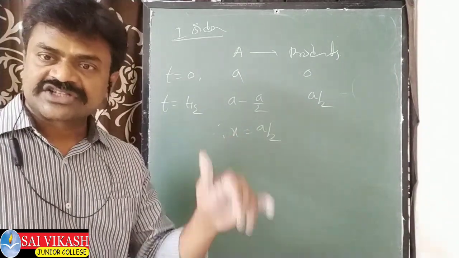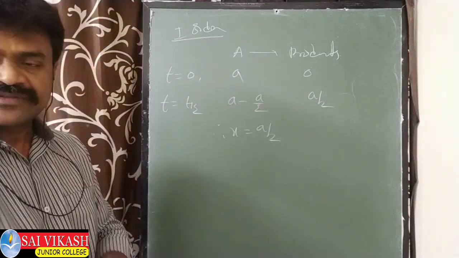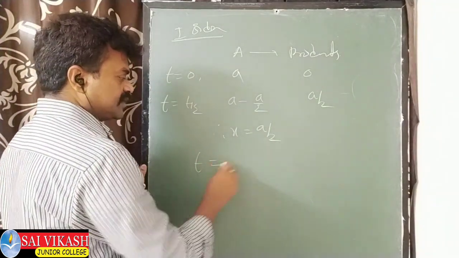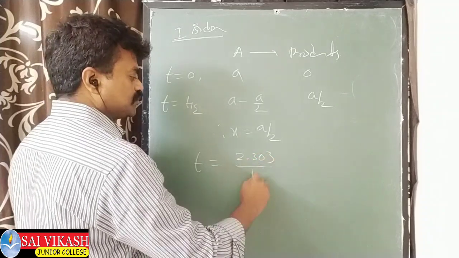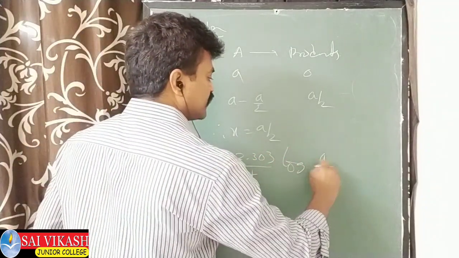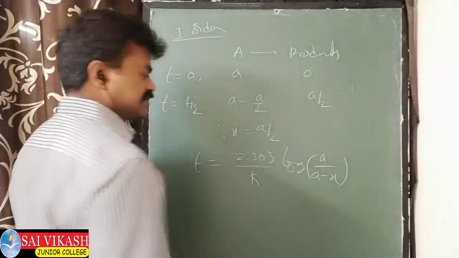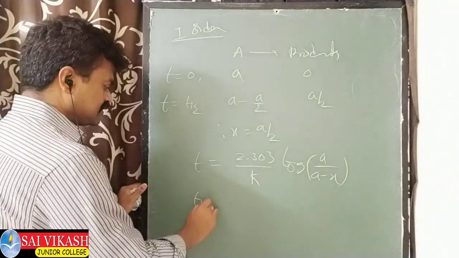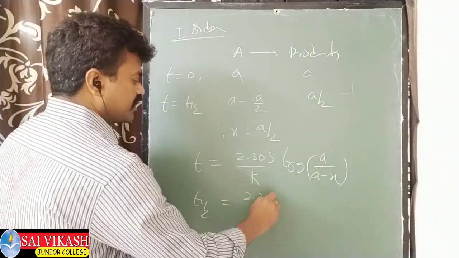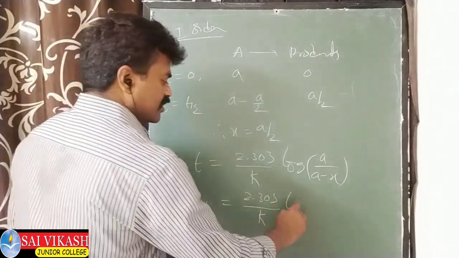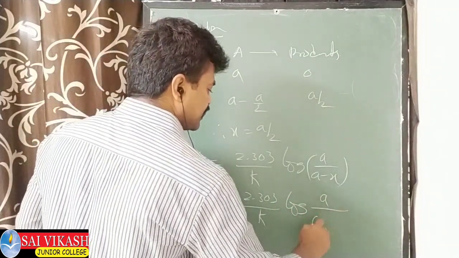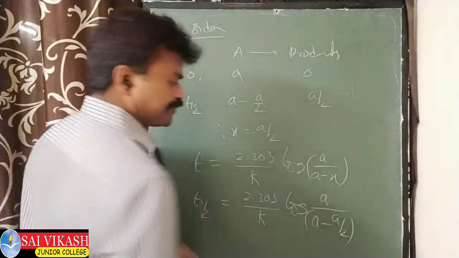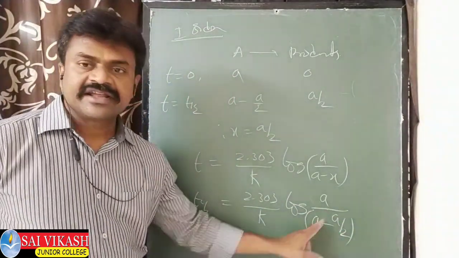So let us use this first order integrated rate equation to derive the half-life of first order. The first order integrated rate equation is t equal to 2.303 by k log of a by a minus x. Substitute these values there. T becomes t half. So t half equal to 2.303 by k log of a by a minus a by 2.